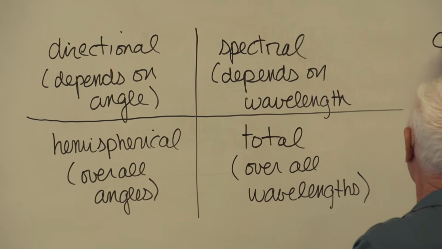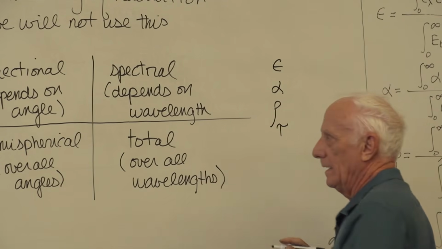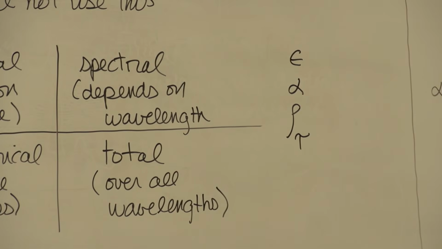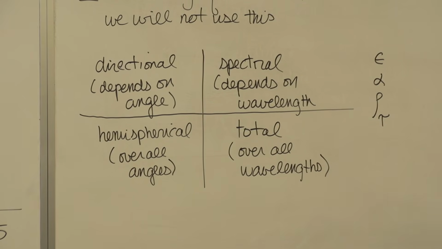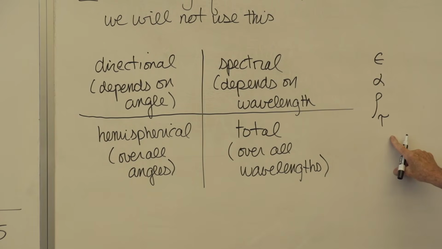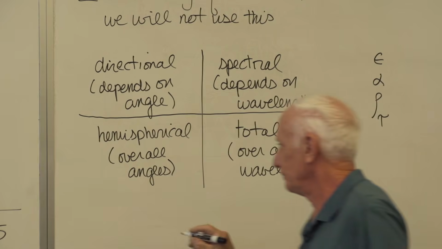Now you can take any surface property, and now you play the word game. Pick one word out of column 1, one word out of column 2, and apply it to any one of the 4 properties. So I'm going to write it down now for hemispherical total emissivity.